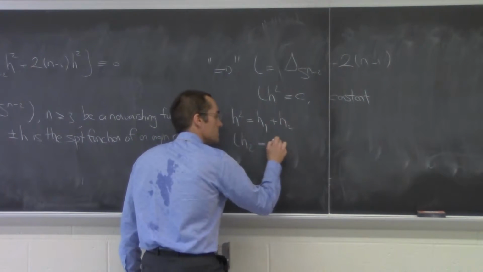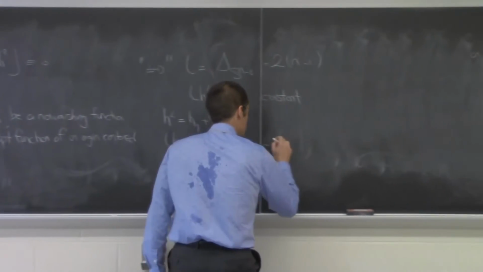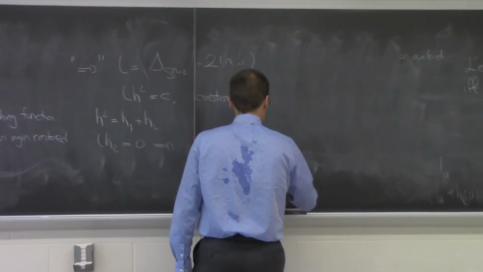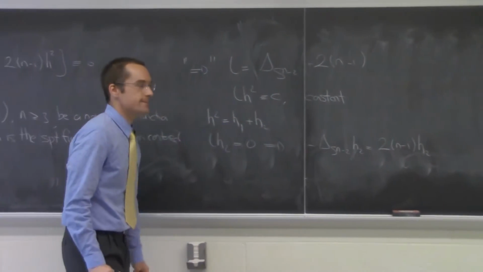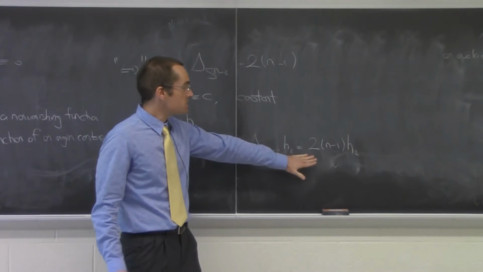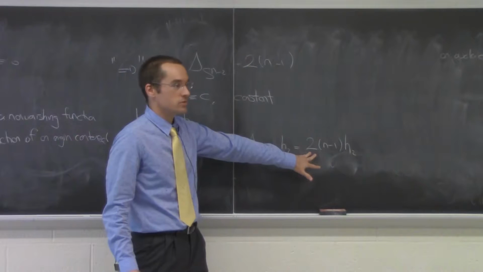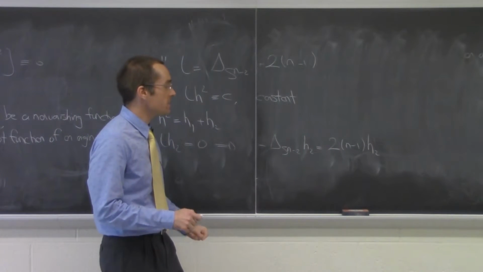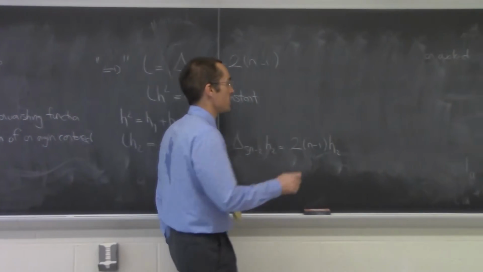So what this implies is that h2 is an eigenfunction of the Laplace-Beltrami operator. We all know what they are. So this h2 has a very special form. This is a spherical harmonic of degree 2 in R^n. It's a harmonic homogeneous polynomial, and its restriction is the spherical harmonic.